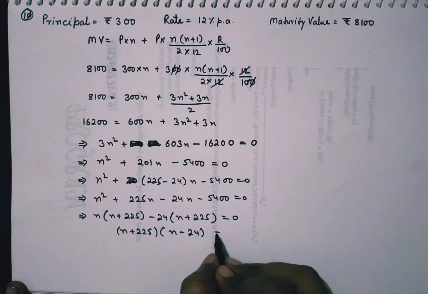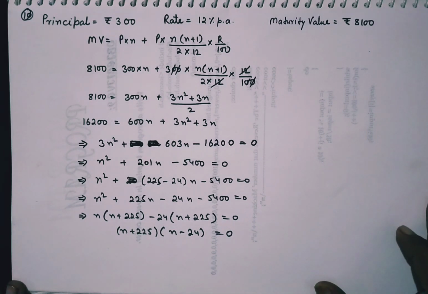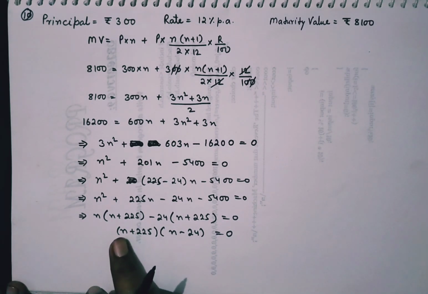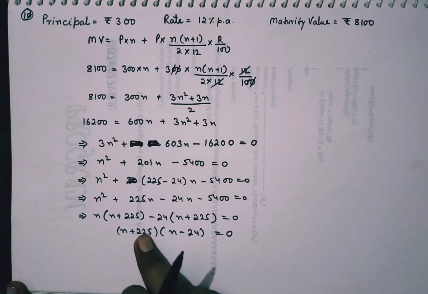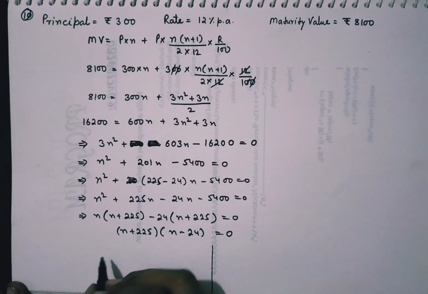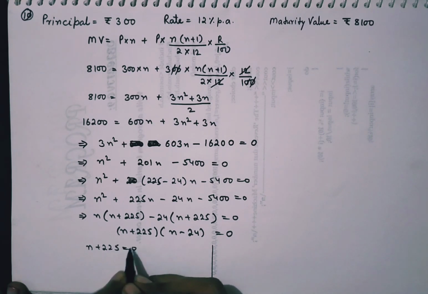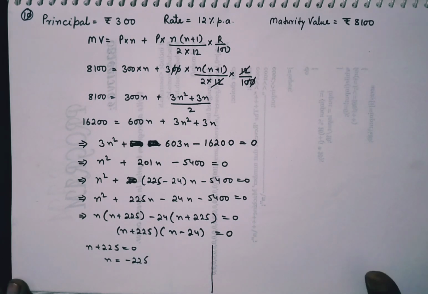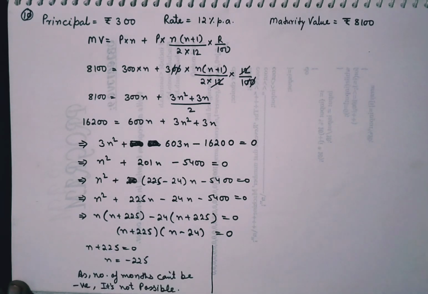equals to 0. Now here we have got two options, whether n plus 225 equals to 0 or n minus 24 equals to 0. For that we'll be equating both of them to 0. So n plus 225 equals to 0, so n will be equal to minus 225, and as we all know that the number of months can't be negative, therefore it is not possible.